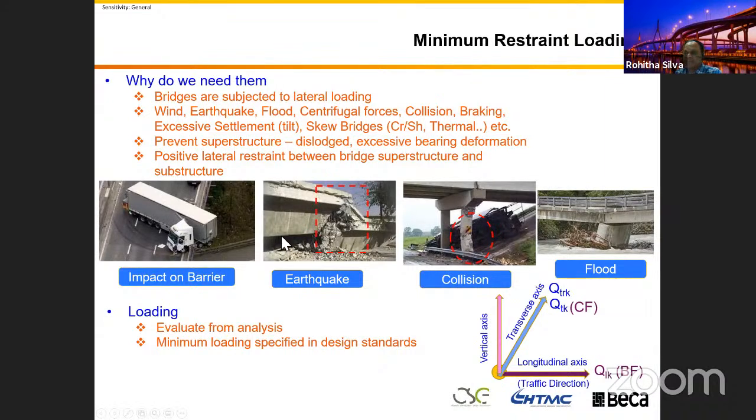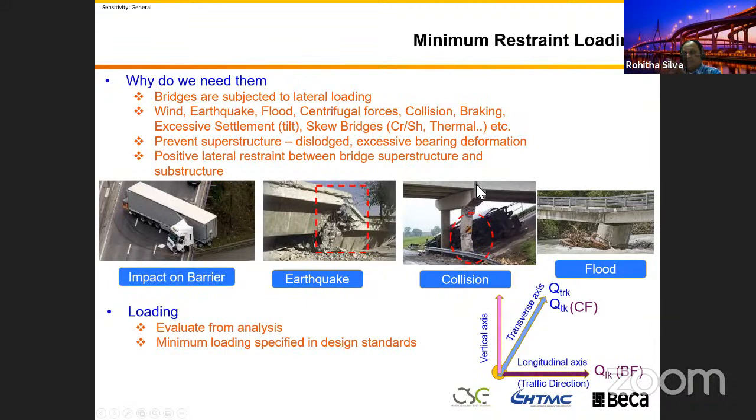You can see in the second picture, the earthquake effect. Because of the earthquake, you can see this whole box girder bridge is crushed. And in the third picture, there's a collision with the bridge substructure, the column.